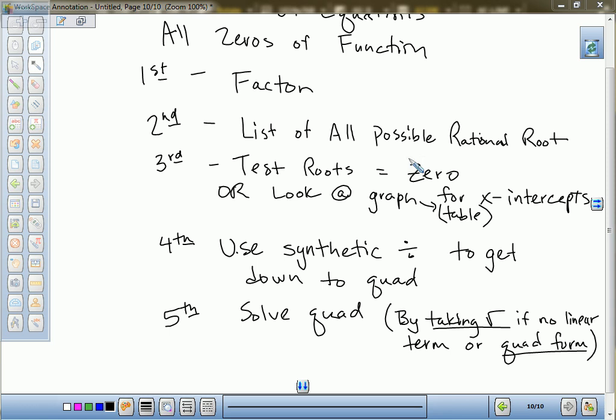So, in that case, if I give you a problem that has no rational roots, I'll give you one of the roots. I'll either give you an imaginary or I'll give you an irrational root. Okay? So, let's practice what to do if given a root.